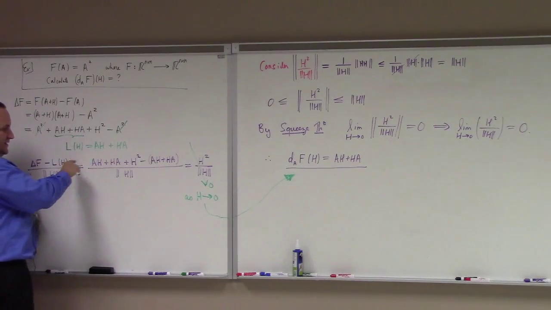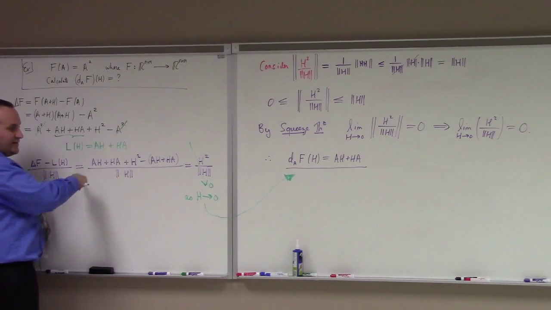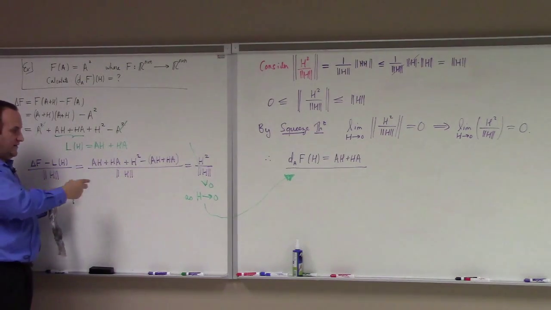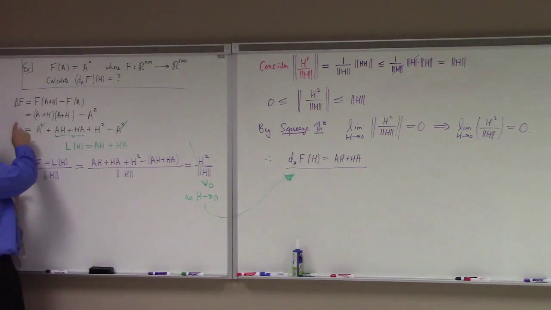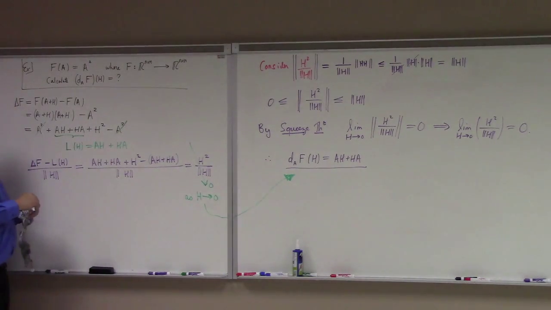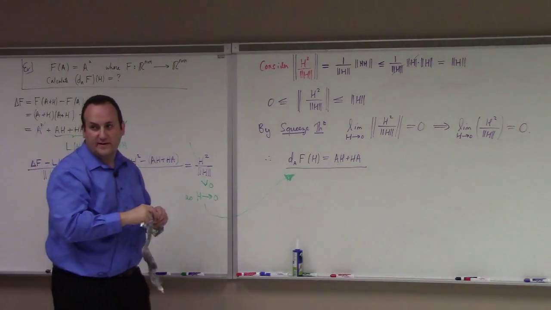So this shows that it honestly is the best linear approximation, because the Frechet quotient goes to 0, which shows you that the change in f really is best approximated by a plus ha in the linear sense. If you wanted the best quadratic approximation, throw in the h squared term. But that wouldn't be a derivative.